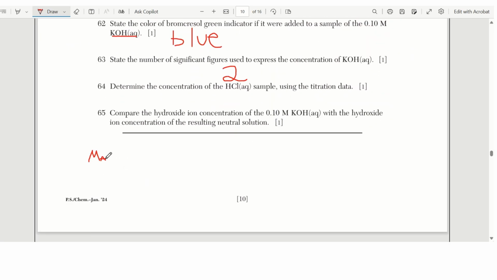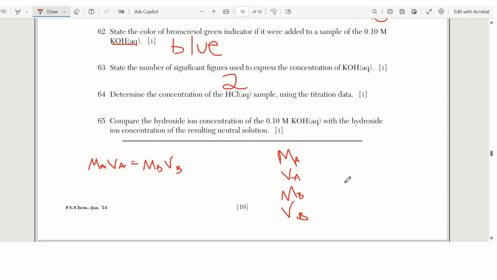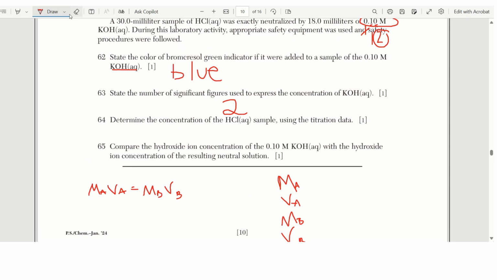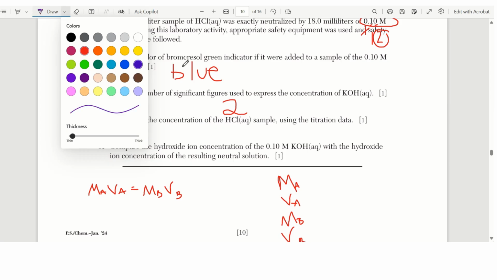So MaVa equals MbVb. Let's write my list of variables. MaVa, MbVb. All right, so let's start reading. I'm just going to switch my color again. Okay.